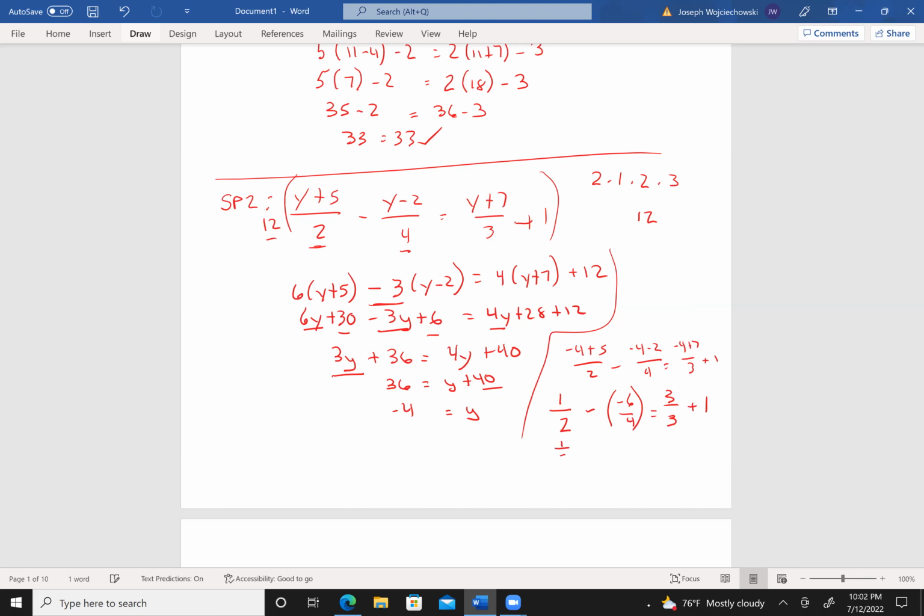So this is 1/2, and then the double negative makes this plus, and that is 3/2 equals 1 plus 1, and 2 does equal 2. So my answer is correct, and my solution set is the set containing -4.